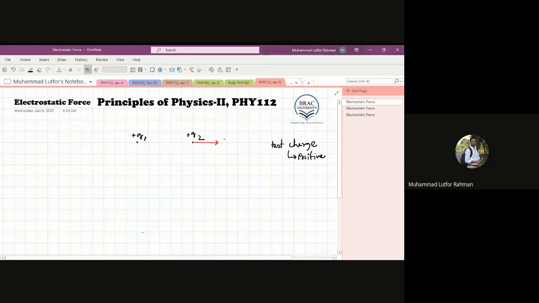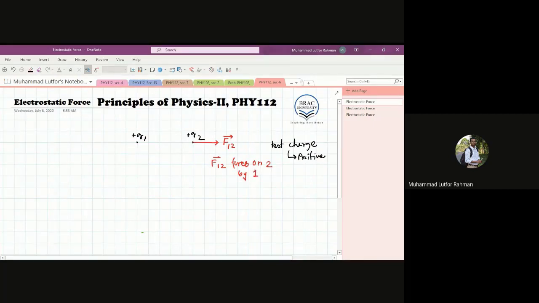And I'm saying that this is the force on 2 provided by 1. This is a convention I will follow. If I write any subscript in that form, say 1, 2, it means the force on 2 by 1.